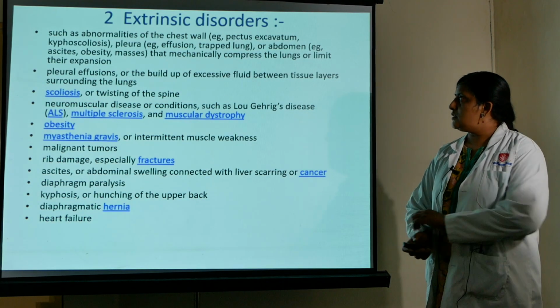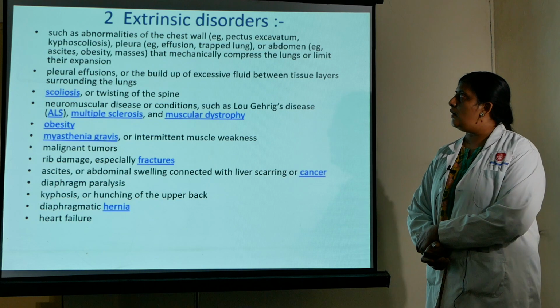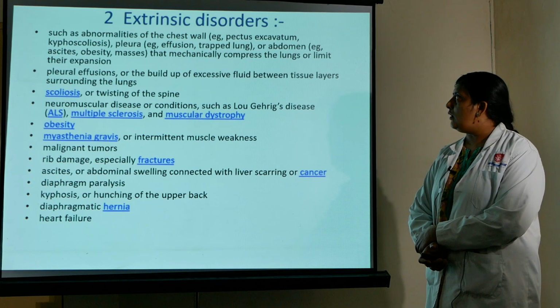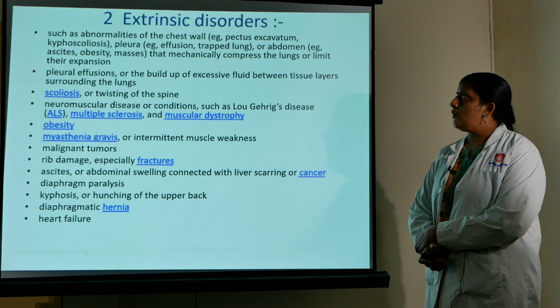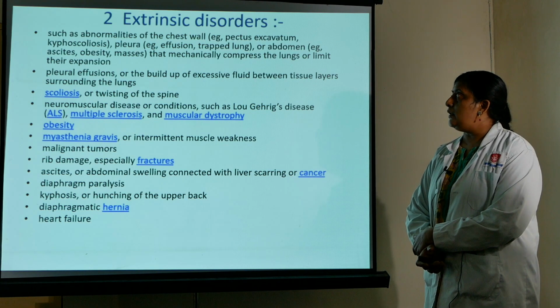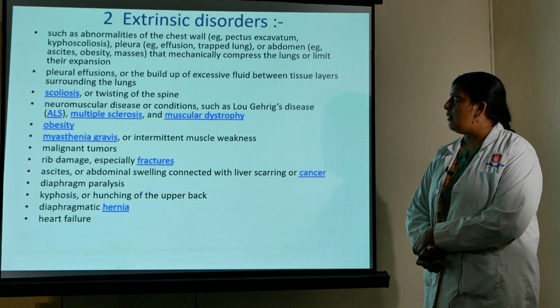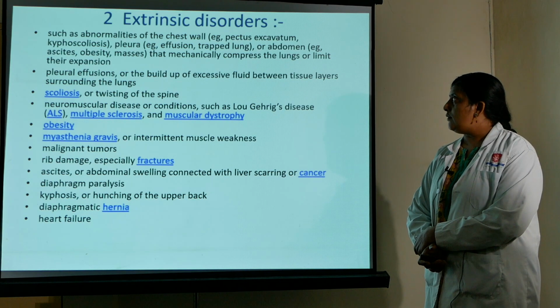Extrinsic disorders are anomalies of the chest wall like kyphoscoliosis, or it could be an anomaly of the pleura, for example effusion, trapped lung, or the abdomen.